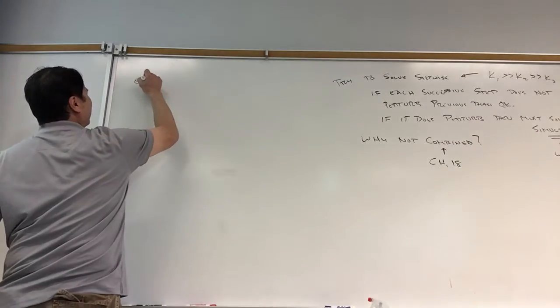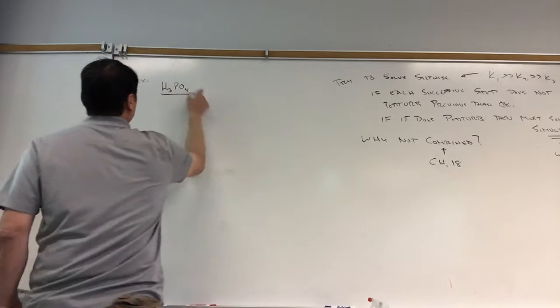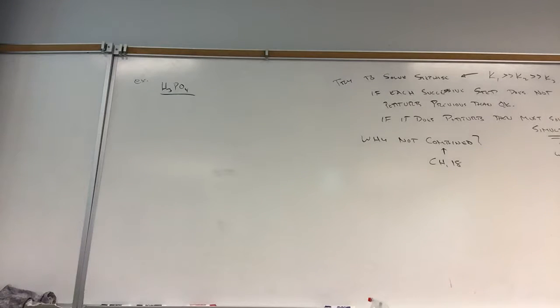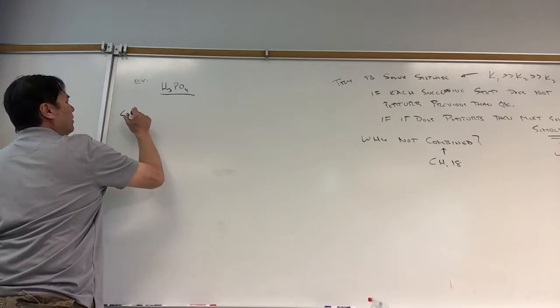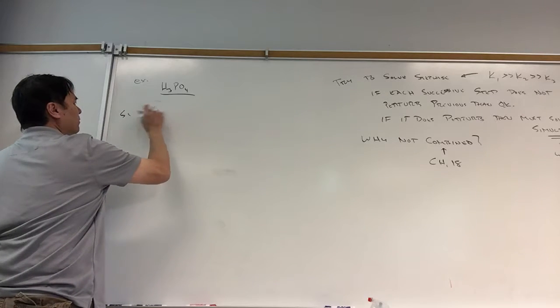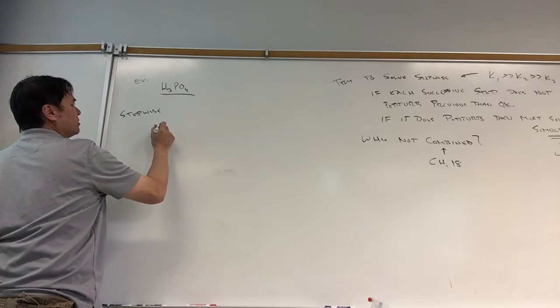Let's take a look at something like phosphoric acid. Phosphoric acid is a triprotic acid, H3PO4. We want to go from biggest K to smallest K, so stepwise.